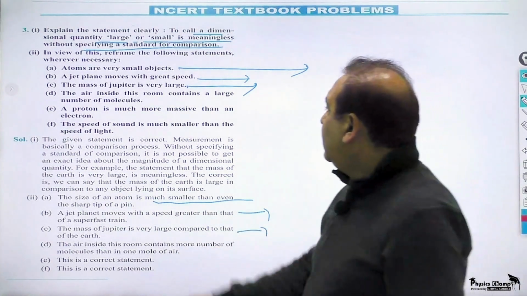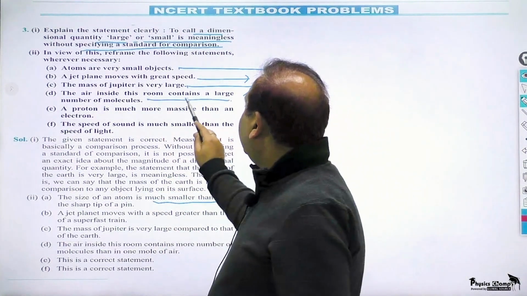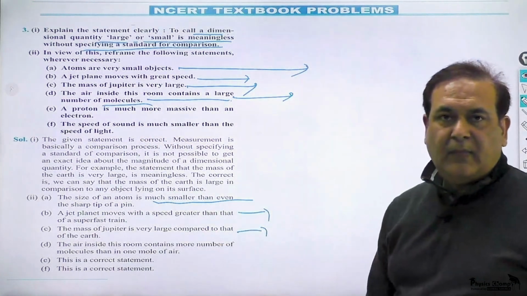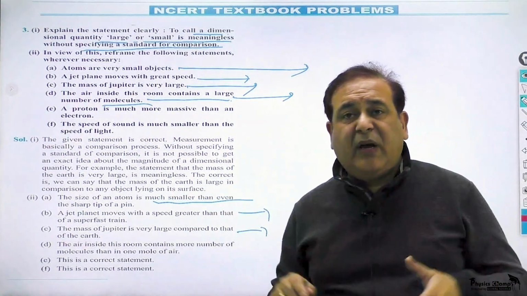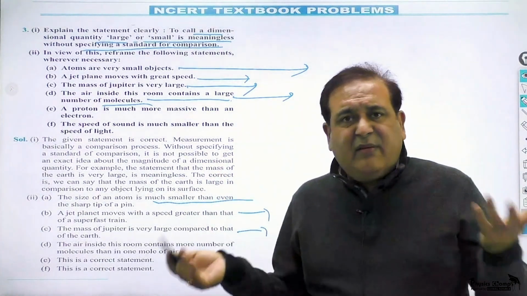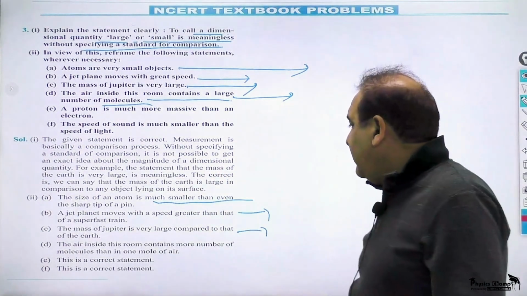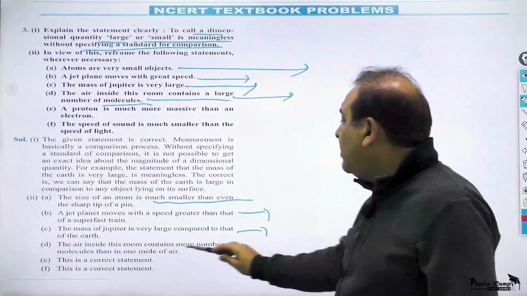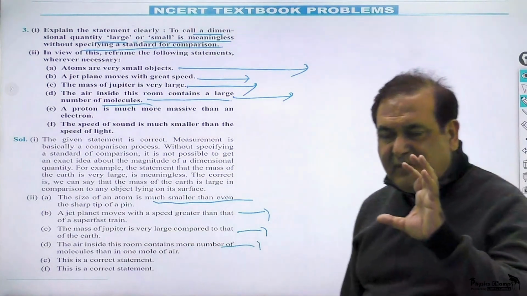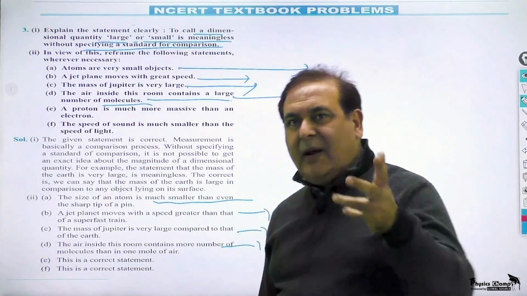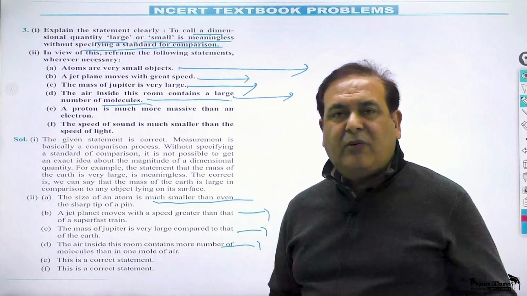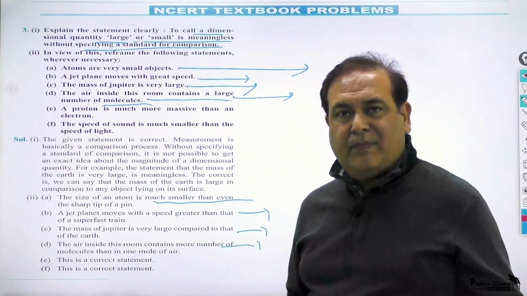Similarly, the air inside the room contains a large number of molecules. Let's compare, because it doesn't give a clear idea. But if I say air inside the room contains more molecules than 1 mole of air, it gives some idea of how you can describe the number of molecules in the room.